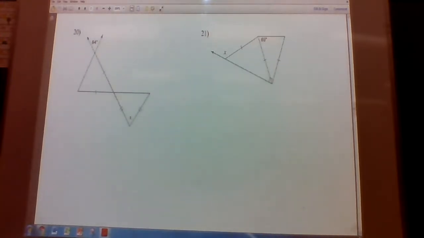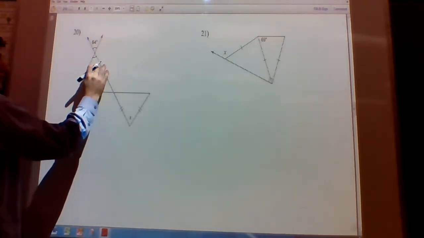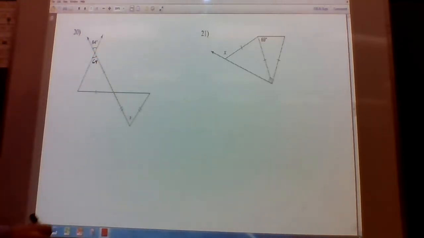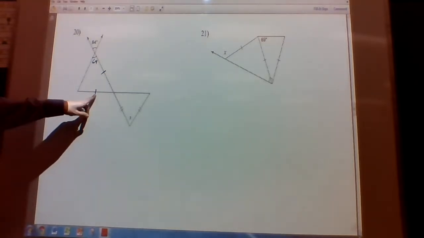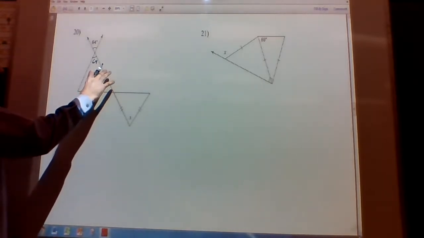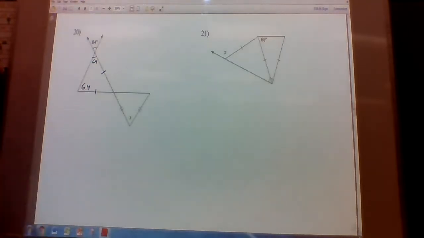The last two on this page. So these are vertical angles, and vertical angles are always congruent. So this is going to be 64. We have an isosceles triangle, and the isosceles triangle theorem tells us the two angles opposite the congruent sides are also going to be congruent. So since these side lengths are the same, the angles are going to be the same. So this is going to be 64.